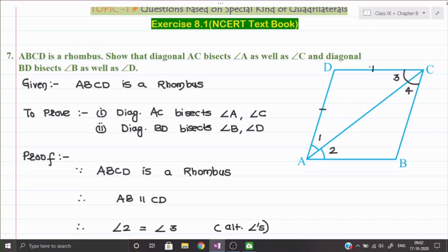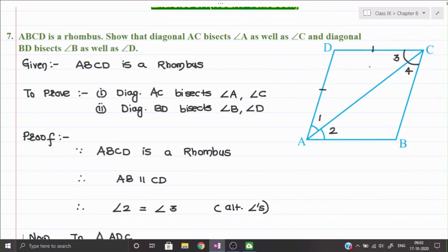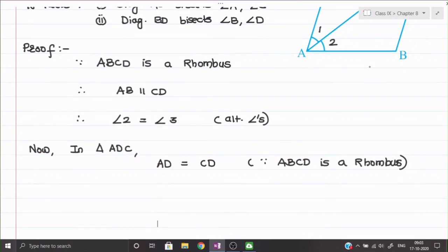In front of AD you observe angle 3, and in front of CD you observe angle 1. Remember, I am taking only triangle ADC. So angle 1 and angle 3 are equal with the help of the isosceles triangle theorem. The reason: angles opposite to equal sides.